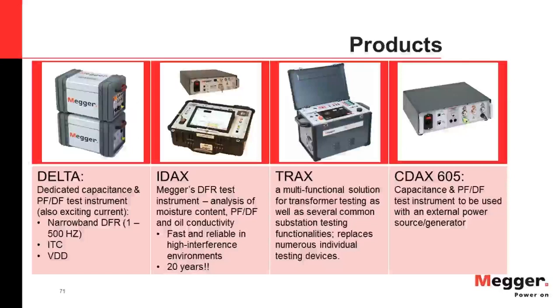I've got some excellent graphs, and so I will definitely expound on your question some more and share with you some really compelling graphs where you'll see that at line frequency. One comes to mind that I'd like to show you: 3 DFR traces, one for a transformer that's very dry but has high oil conductivity, one for a transformer with exceptional oil but that's very wet, and then one that's a service age transformer.